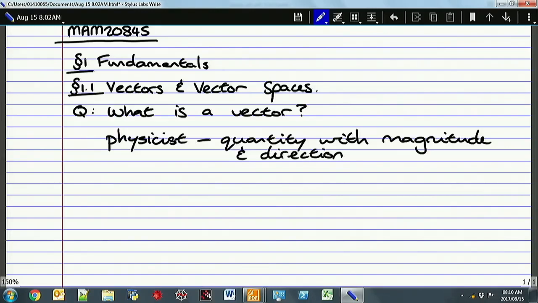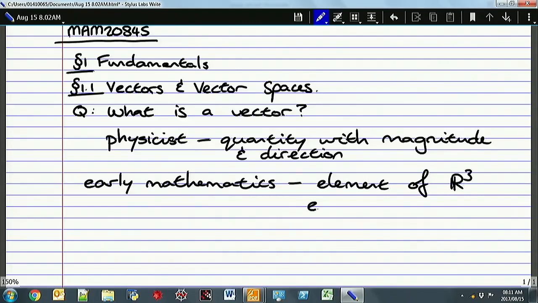You may also have seen, in first year, maybe if you did 1042, the statics course, or even in 2083 where you did vector calculus, early mathematics, that you may think of a vector as being an element of R3. So something like this, 5, 1, minus 2. You might think of that as being a vector.